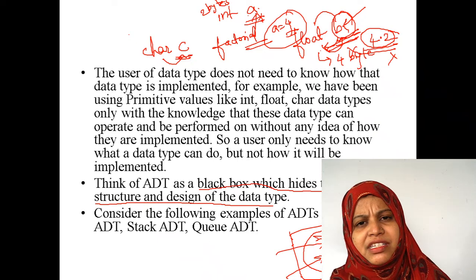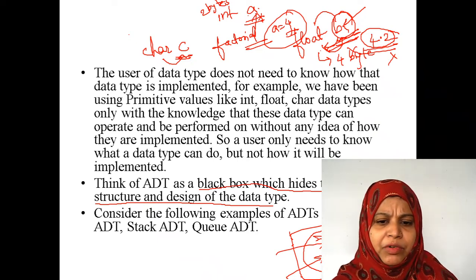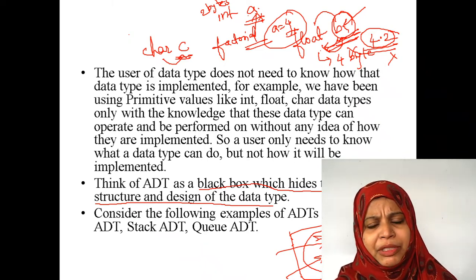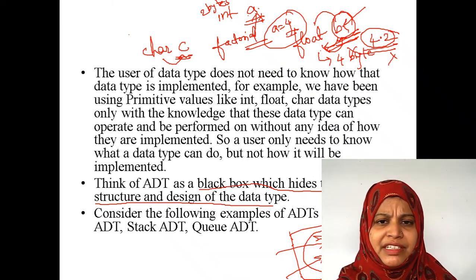Those functions or classes are not seen by the outside world. This is the abstract data type, and by using it we can implement stacks, queues, linked lists, arrays, strings, all those things.